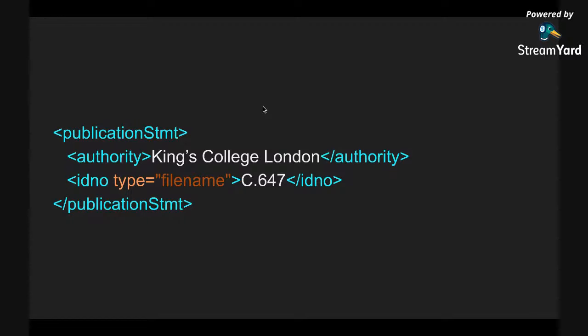The identification number, the IDNO, of this inscription within the corpus is C647. Notice that this has a type of filename. It's quite useful to give the IDNO a type. Filename is maybe slightly more technical than you'd want, but in this case, it means this is the name of this inscription.